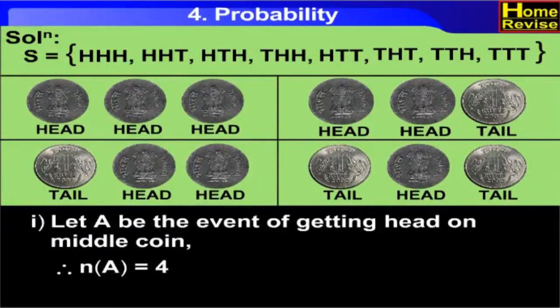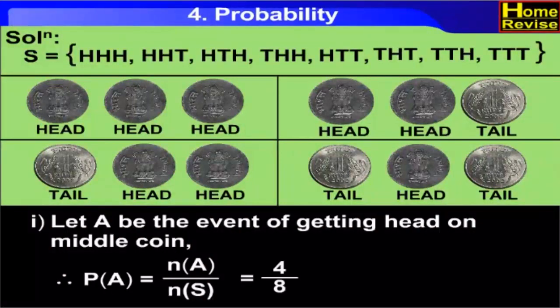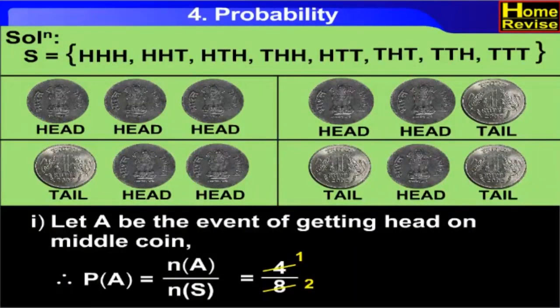Therefore, n(A) is equal to 4. Therefore, probability of A is equal to n(A) upon n(S), which is equal to 4 upon 8. 4 ones are 4, 4 twos are 8. Therefore, probability of A is equal to 1 upon 2.